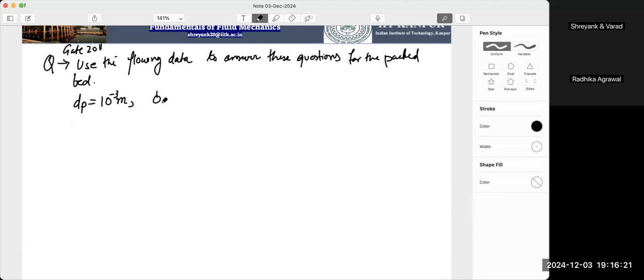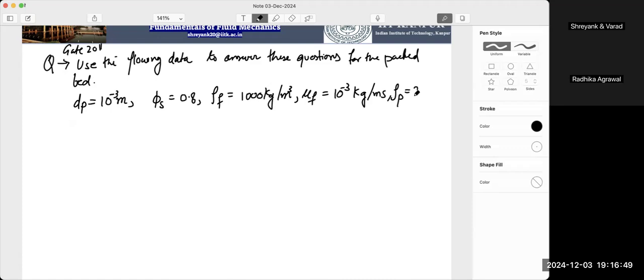The sphericity of the particle is 0.8. The density of the fluid is 1000. The viscosity of the fluid is 10 to the minus 3 kg per meter second. Then the density of the particle, in kg per meter cube, and g you can take as 9.8 meter per second square.